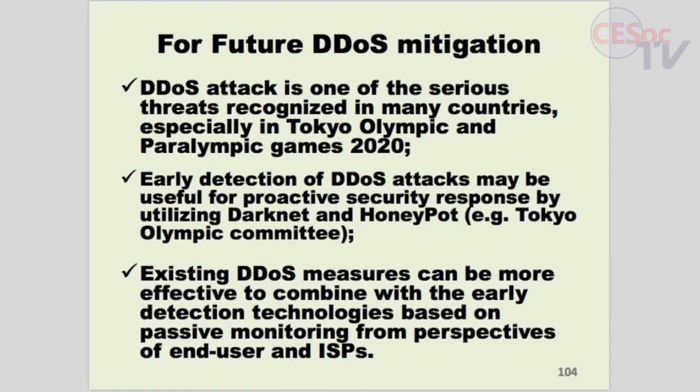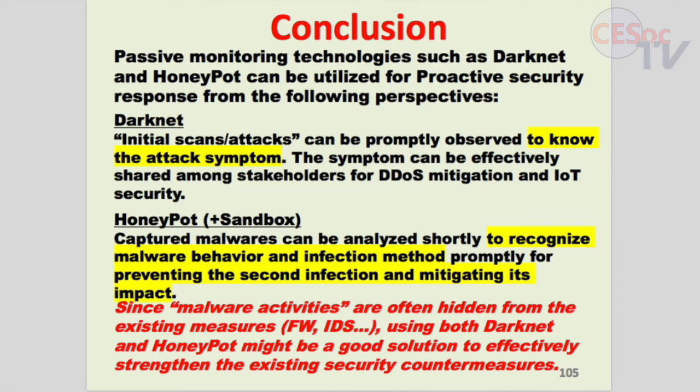As a conclusion, passive monitoring technology such as darknet and honeypot can be utilized for passive, proactive security response from the following perspectives. Darknet: initial scan attack behavior can be promptly observed to know attack symptoms. The symptoms can be effectively shared among the stakeholders for DDoS mitigation and IoT security.